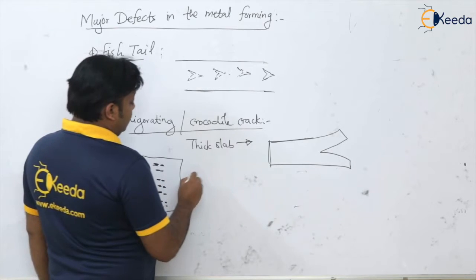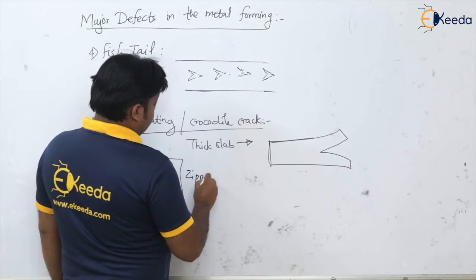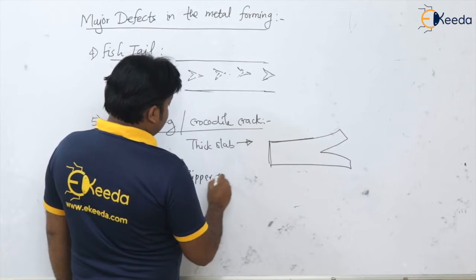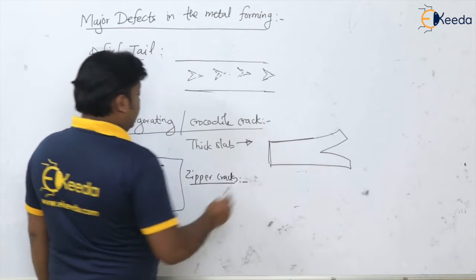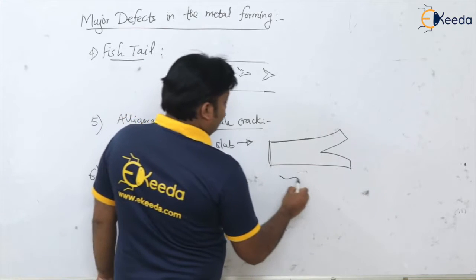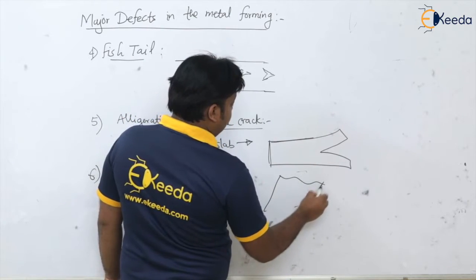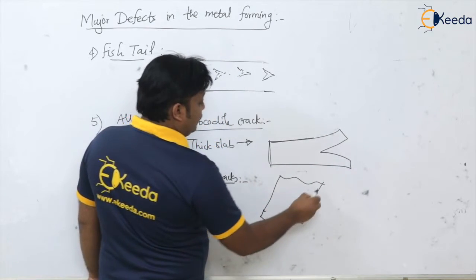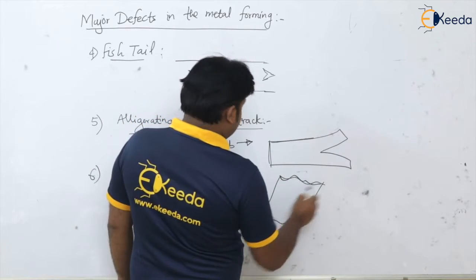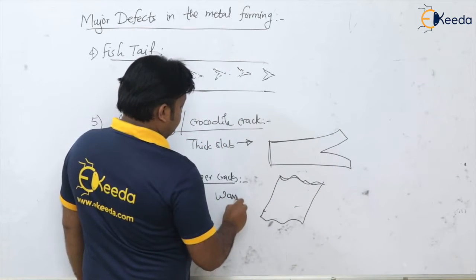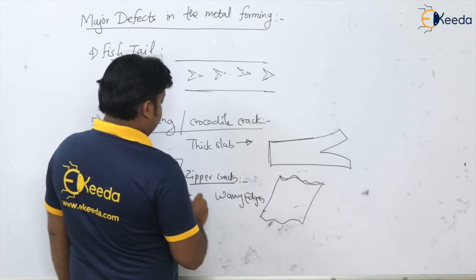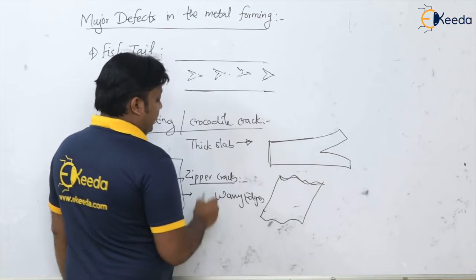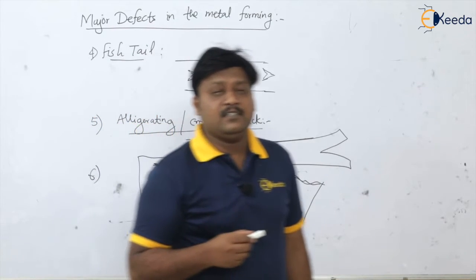These are nothing but the zipper cracks or zipper teeth like cracks. Then there is also the possibility of wavy edges that we get on the sheet after the rolling operation, right? Wavy edges, then zipper teeth cracks. These are the rolling defects.